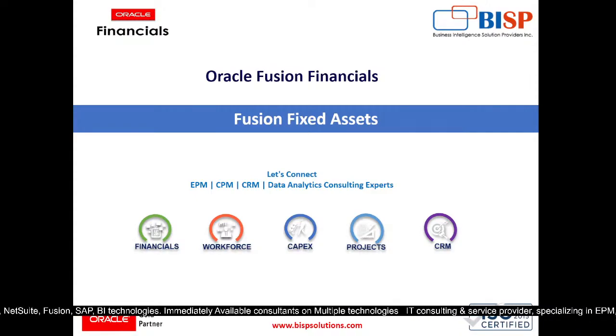Then we saw the mass addition, split and merge of asset lines through the Oracle Payables application, and then drilling down from fixed assets to payables and transaction upload. So today we will be moving further from that.